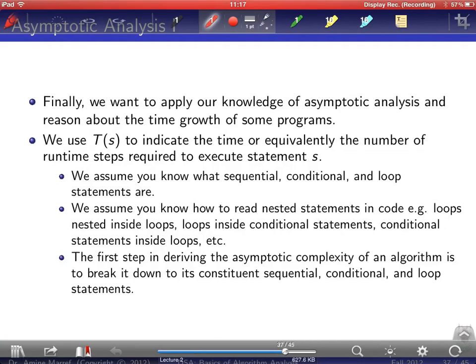S is a statement, and T of S is the time to execute S, equivalently the number of runtime steps. So the number of steps of statements S1 and S2 executed sequentially is the number of steps of S1 plus the number of steps of S2. I think that's pretty okay. For this I would need to use the projector.